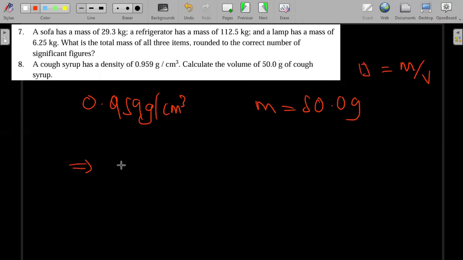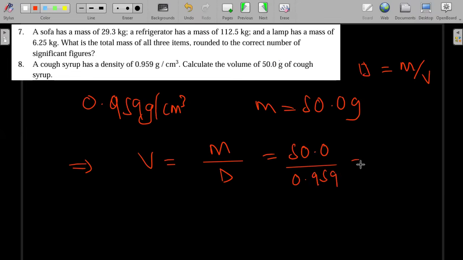We're calculating the volume, so if we make volume the subject, it's mass over density. So we divide the mass, 50.0, by the density, 0.959.